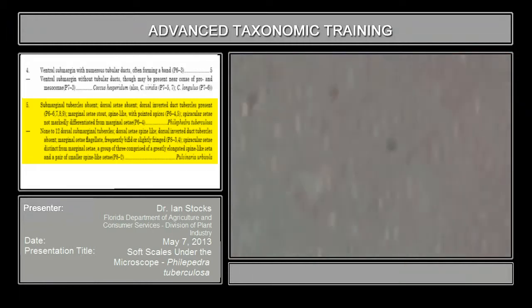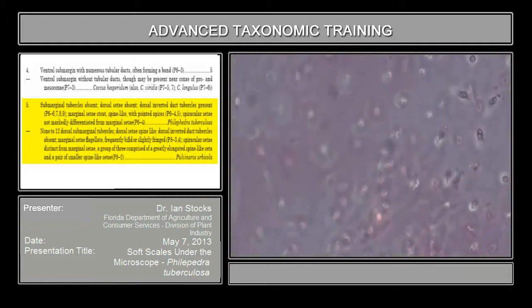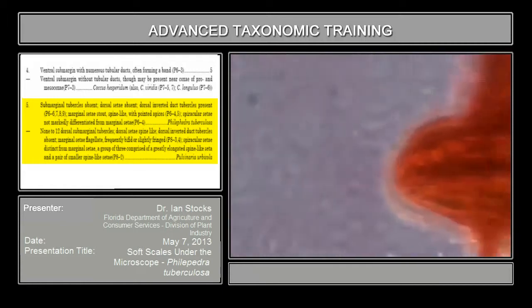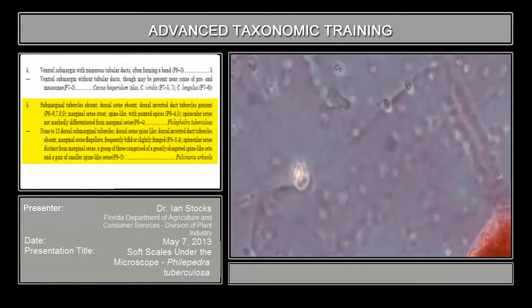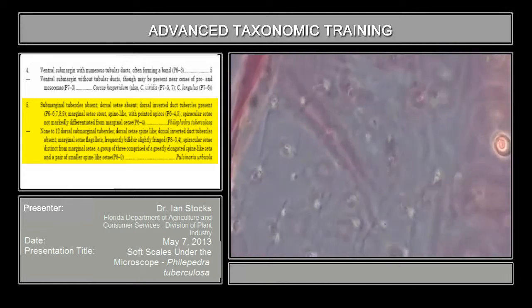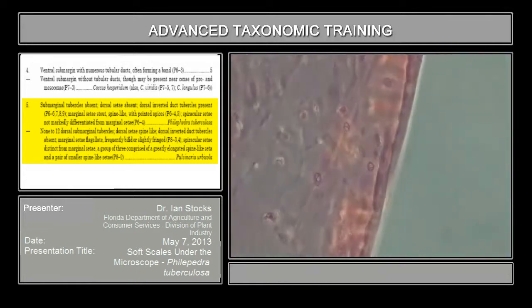It's not always easy to see, but it is a species level character in some cases, what the interior of that larger opening looks like.